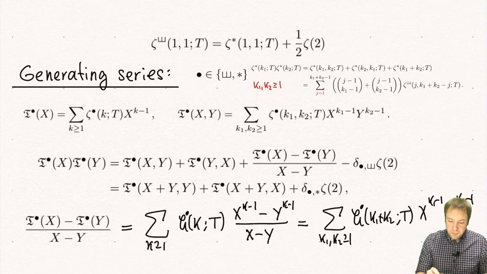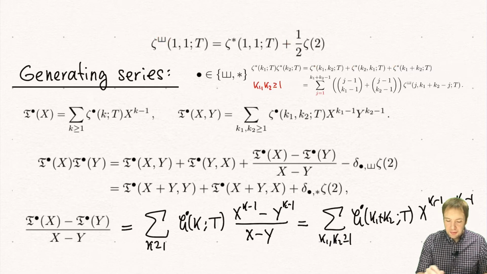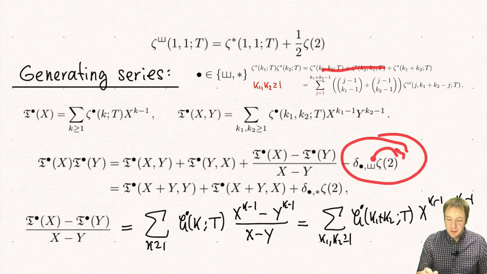And also if I replace this stuffle here by the shuffle regularized, then I would have a minus 1/2 zeta 2 there, and therefore, because I get it twice here, I get minus 1 times zeta 2.